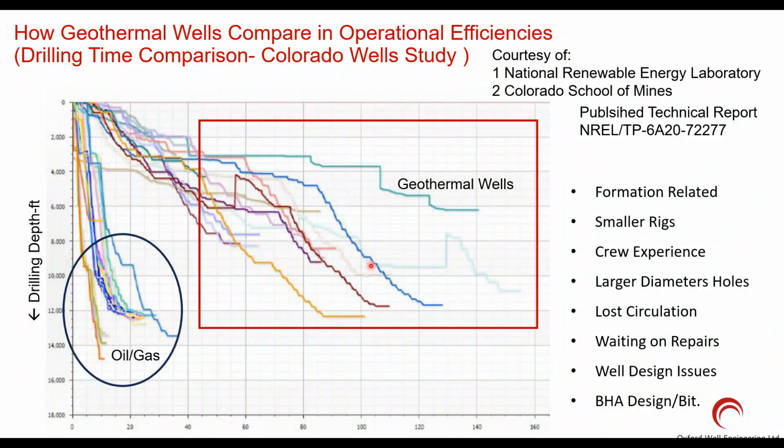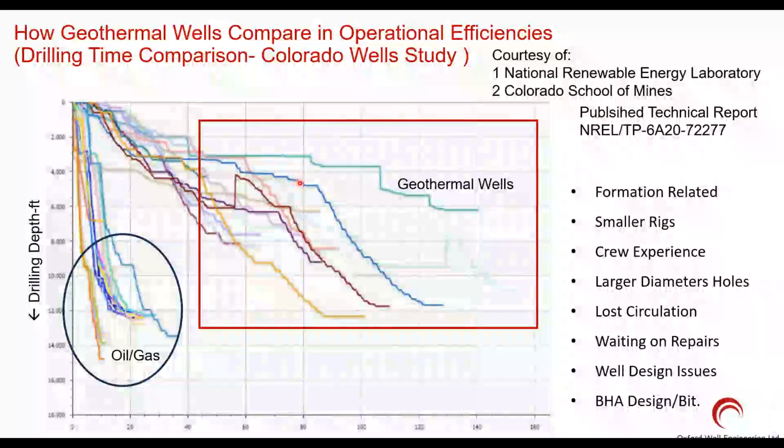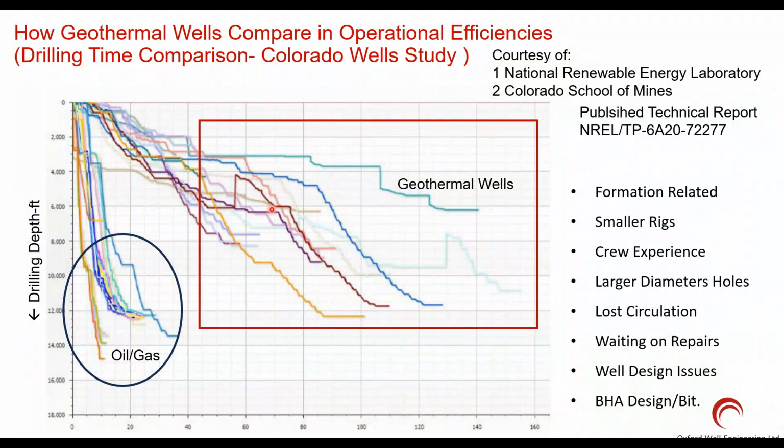If you are running casing, you're not drilling. It's a good flat time. But if you're struggling, and then you could not drill, you could not run, you could not make progress towards the construction of your well, the step profile comes up like this. Looking at the character of all of these geothermal wells, it looks like a huge amount of flat time is hidden between the slopes. Look at the slopes.